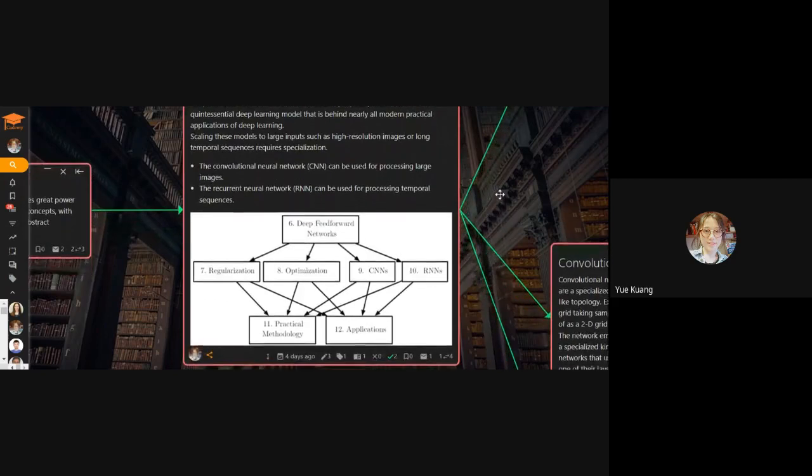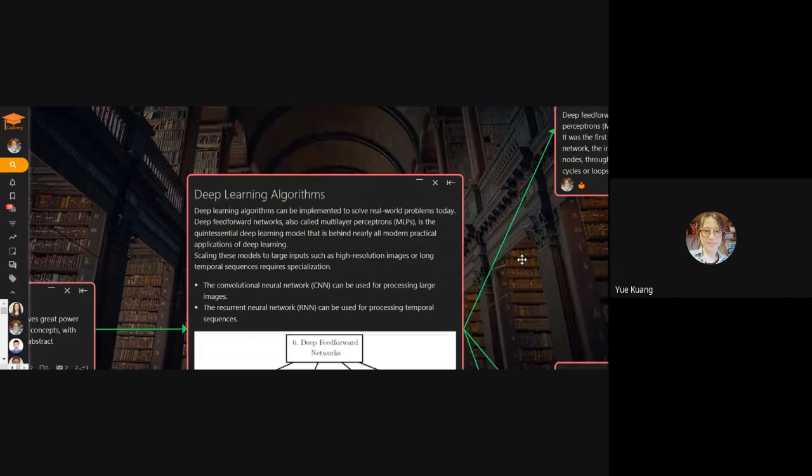The first example is the convolutional neural network, CNN, which can be used for processing large images. Another example is the recurrent neural network, RNN, which can be used for processing temporal sequences. So then I will first introduce the feedforward neural network to you.